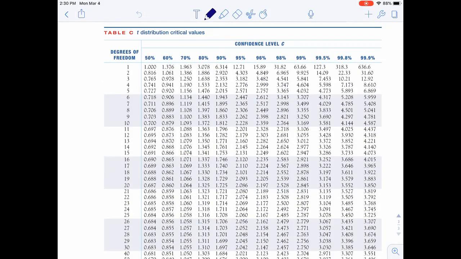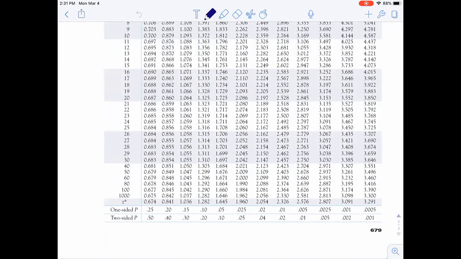And so your sample size is never going to change, right? You've collected a sample of 30 people, found your sample size, right, 30, and then your degrees of freedom is 30 minus 1, 29. But once you have your degrees of freedom, 29, for example, then you can ignore everything else in the table.